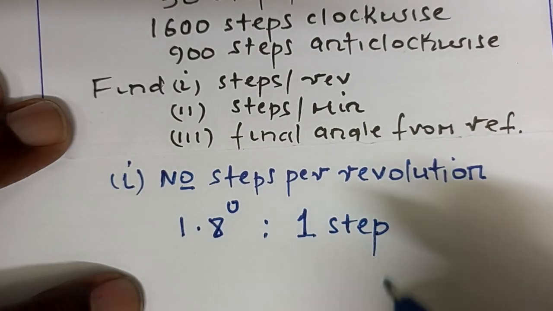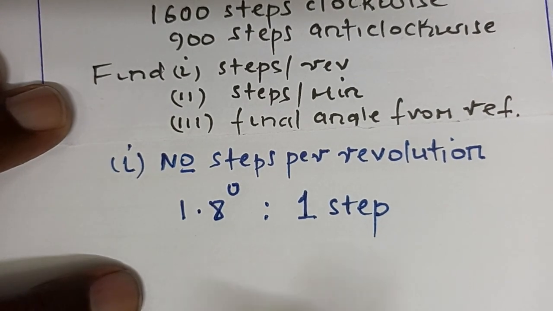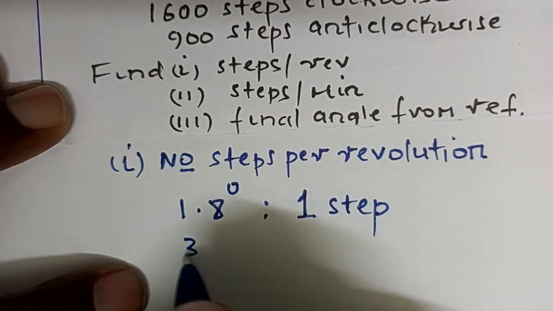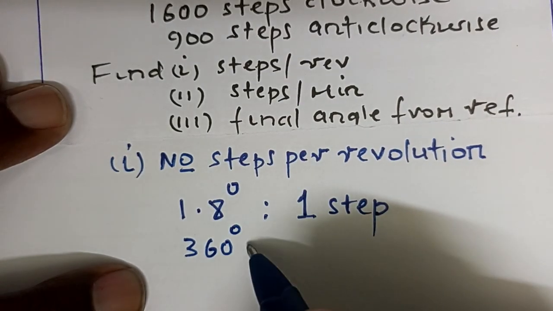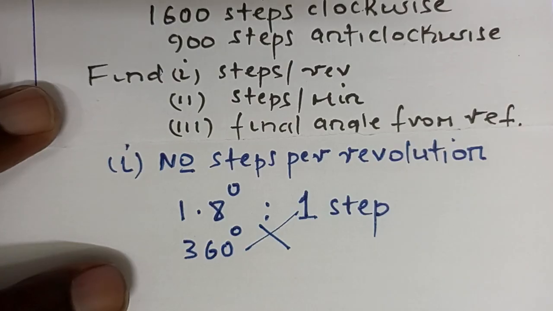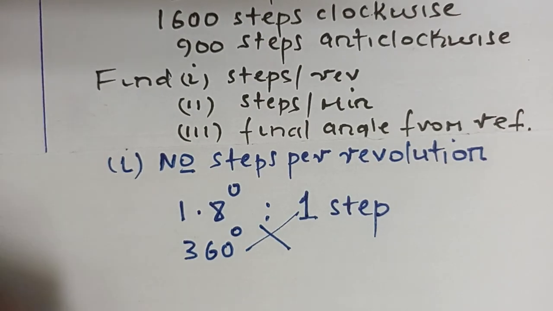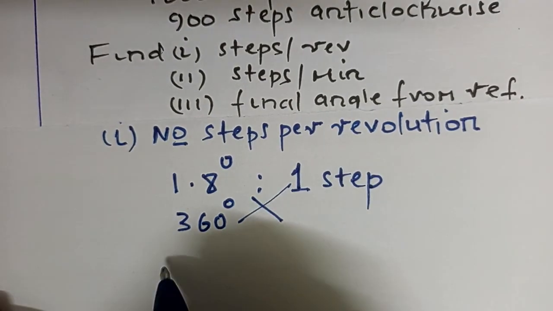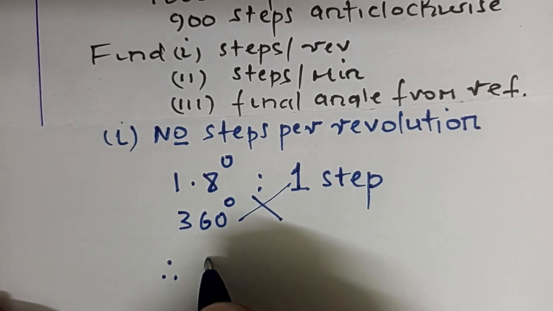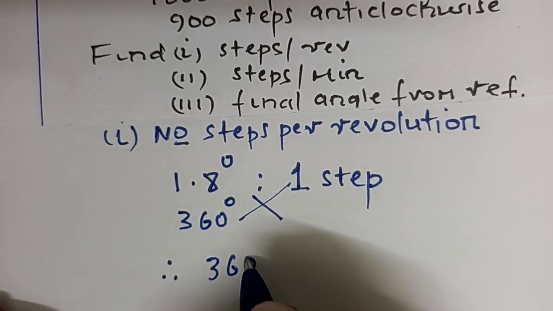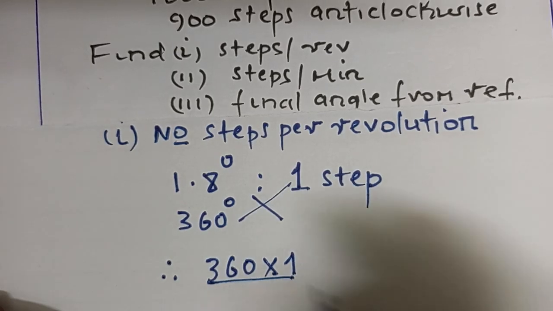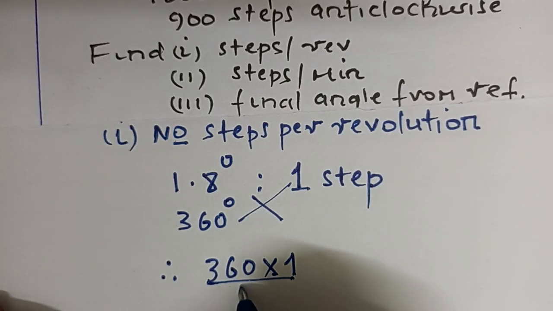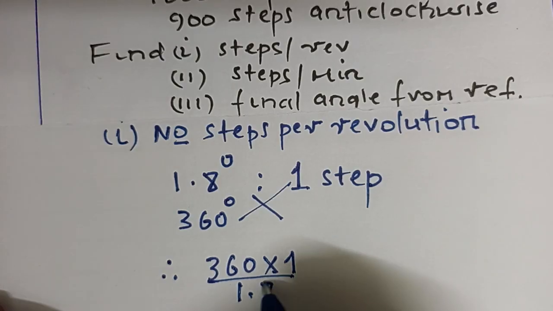Guys, we know for one revolution, we have 360 degrees. And so therefore, we just cross multiply to get the number of steps per revolution. And so we shall have 360 multiplied by 1 divided by 1.8.